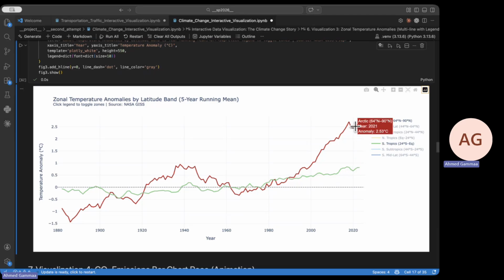This is interesting. The north pole of the Earth is warming way faster than the rest of the Earth. This is what I wanted to say.